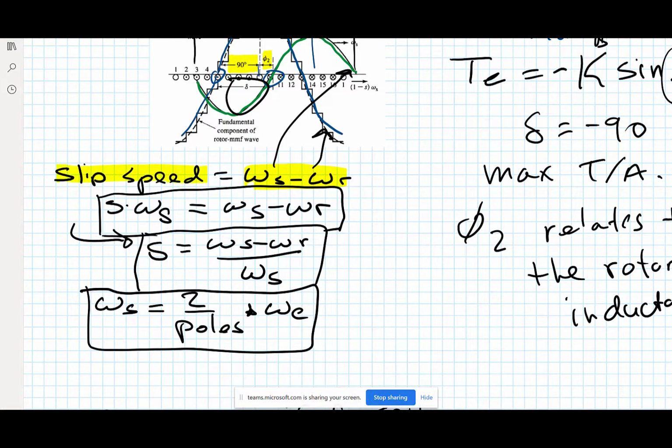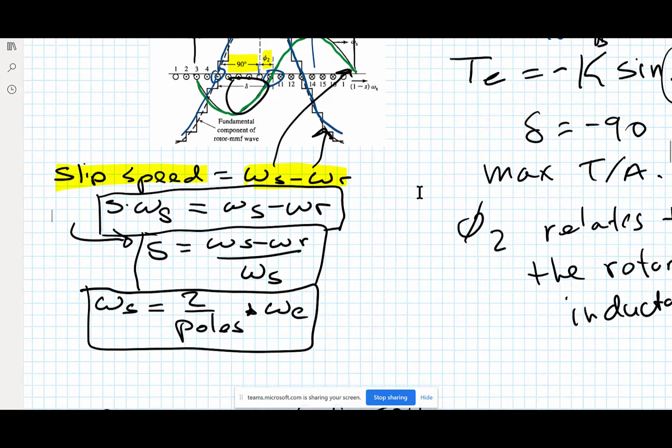So I'm introducing this a little bit differently than we did last time. The slip speed is a percentage of the synchronous speed. There's a small difference. You could say, let's just say that that difference is a fraction of the synchronous speed, because I can always get the synchronous speed.